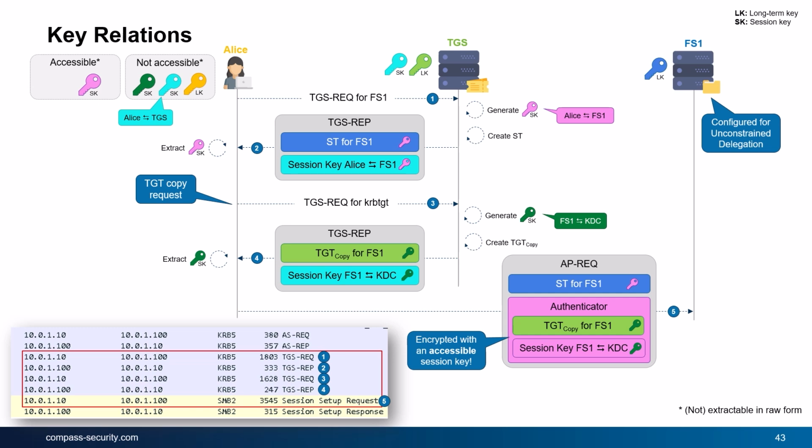But we get access to all of this information here, since the respective encryption key is accessible to us as well. That means at this point we learn the session key associated with the TGT, and we get the TGT itself in its encrypted form, but that's all we need. So at this point, we have both a TGT and an associated session key, which is accessible to us as a user.